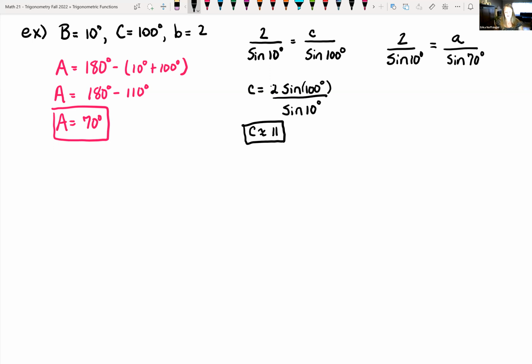Multiply both sides of our equation by sine of 70 degrees, and we get that A is equal to 2 times sine of 70 degrees, all over sine of 10 degrees.